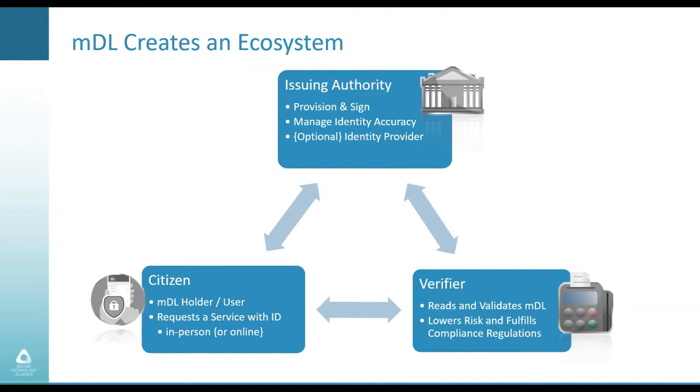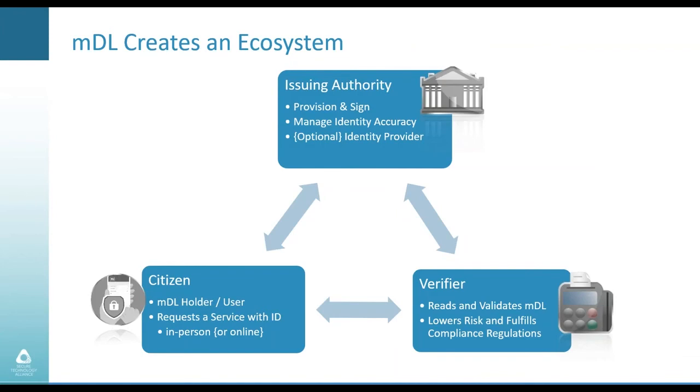Key thing here is that a mobile driver's license creates an ecosystem. There's a lot of talk about identity ecosystems. This essentially creates one. The issuing authority signs this data as being valid and provisions it to the citizen's mobile device. The citizen gains control of that, as the mDL holder or user, and they have services that they want to request that require them to have a government-backed identity.